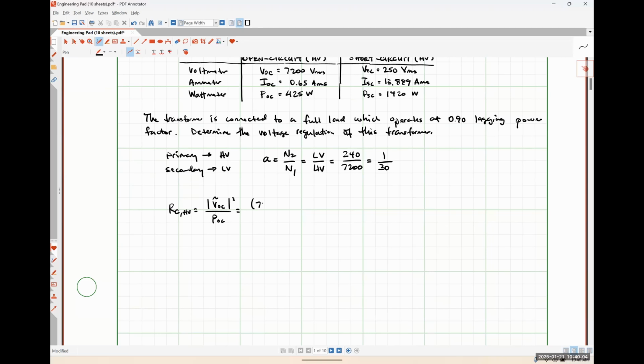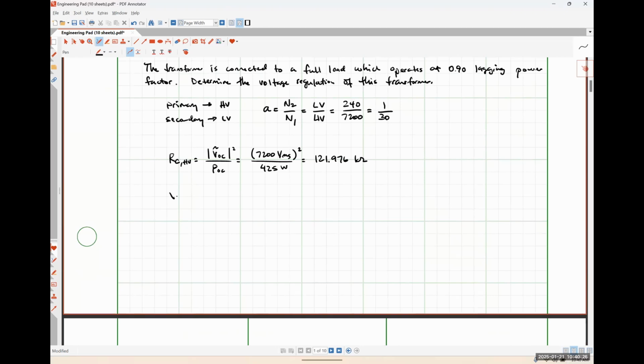So that's going to look like 7,200 volts RMS quantity squared over 425 watts, which comes out to be 121.976 kiloohms.